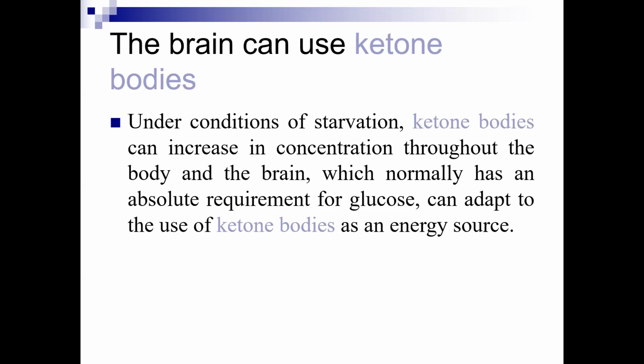It doesn't prefer ketone bodies, but it can adapt to ketone bodies. So typically, if someone starts to starve, there's usually a period during which their thought processes will fog. There'll be some mental fogging that will tend to go away as their brain starts to adapt to the use of ketone bodies for energy.